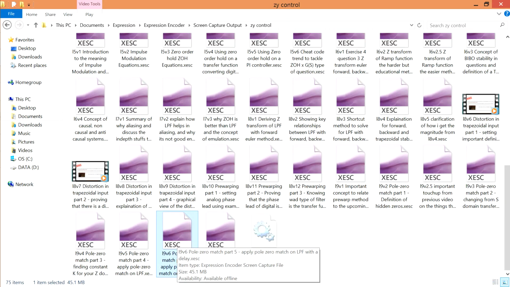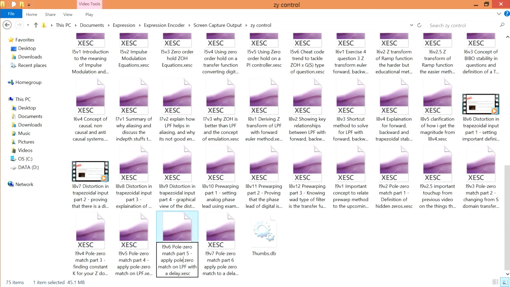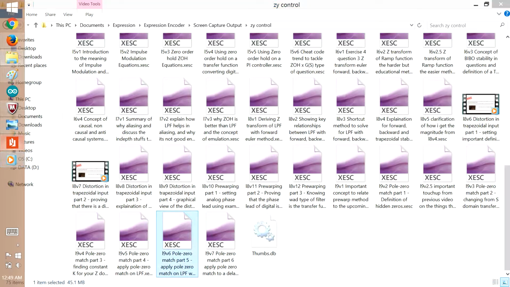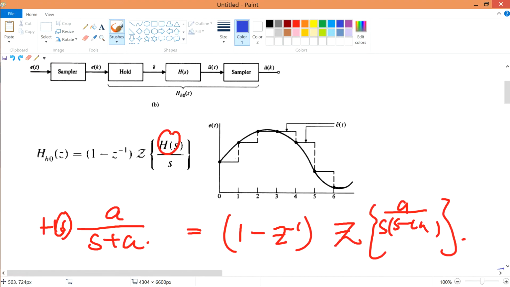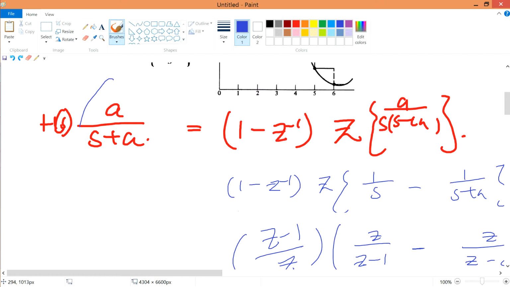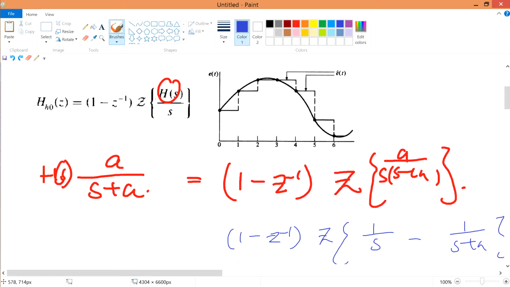This is actually applying the pole zero match on the LPF, low pass filter, with a delay. So clearly our transfer function over here is a low pass filter. We started off with a low pass filter, and then because we want to zeroth order hold it, we introduce a delay. You see?